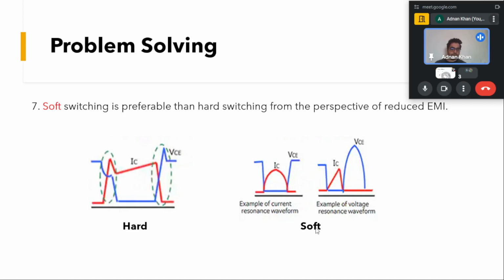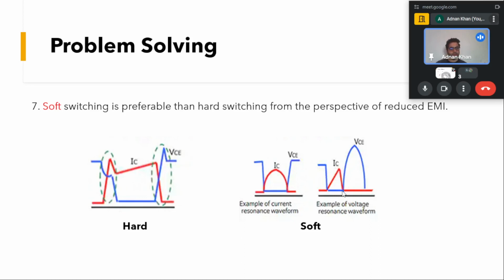But with soft switching, we shape our currents and voltages in such a way that, for example, the current is shaped like a sinusoid through resonance: the current first increases and then decreases, and when the current decreases then we turn on, and as such we can have lower di by dt. In a similar fashion, we can shape the voltages through resonance.